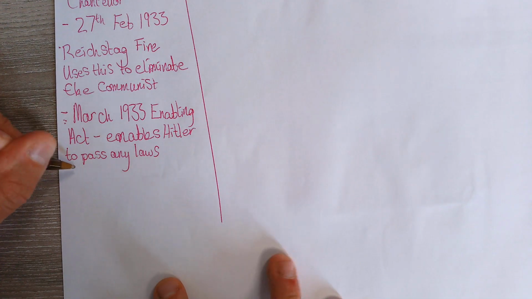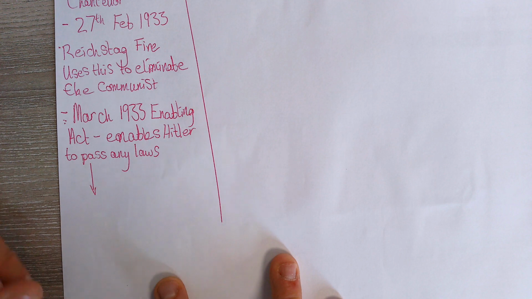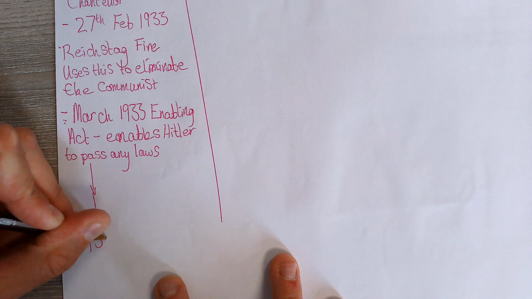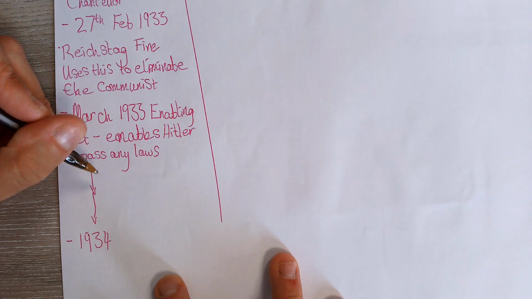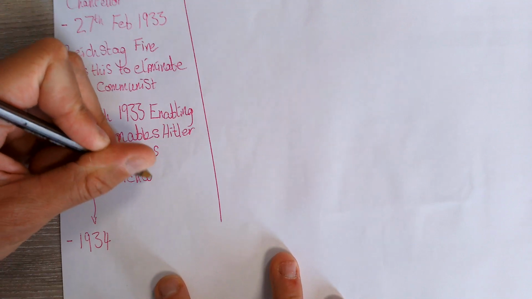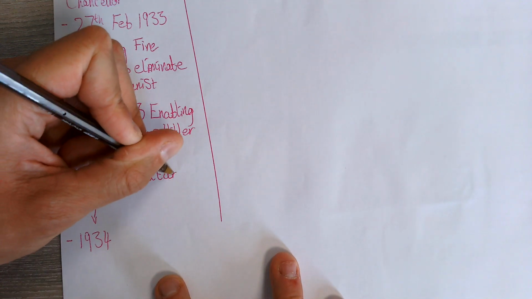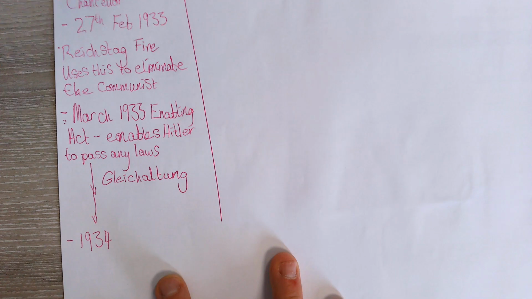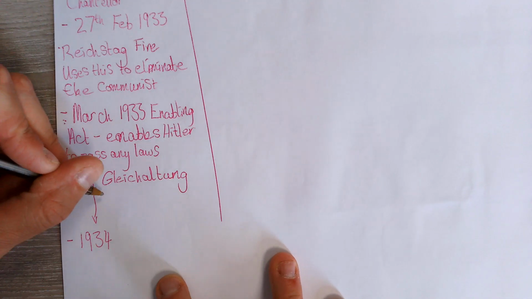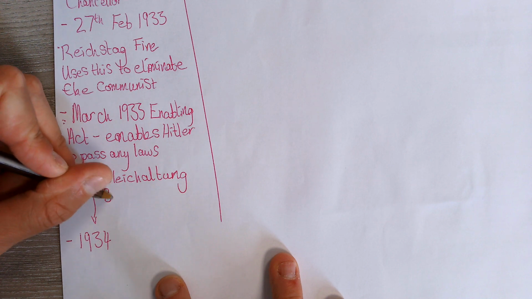What then happens in between the Enabling Act in 1933, and the next swathe of events which come in 1934 is the Nazis are going through this glacial, I'm probably going to spell this wrong and pronounce it wrong, but this glacial tongue process. So what does that involve? Well, it's brainwashing, right?